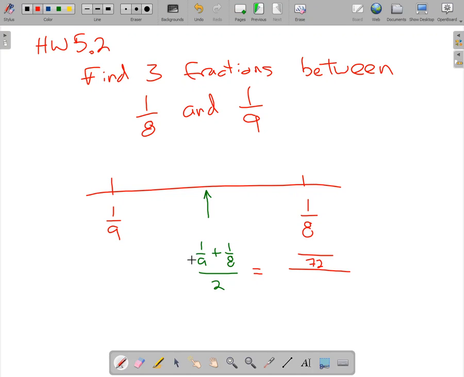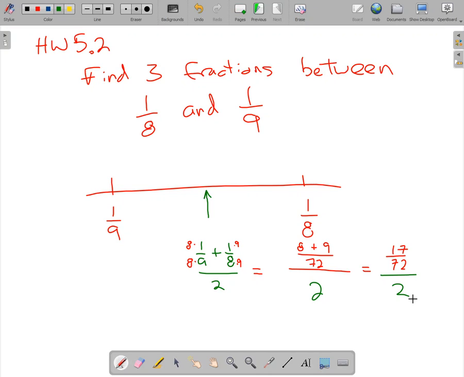To do that, I have to multiply 8 top and bottom here, and I have to multiply 9 top and bottom there. So that means I'm going to have 8 over 72 plus 9 over 72, which altogether gives me 17 over 72. All the while, that has to be cut in half eventually, so I'm dividing a fraction. Anybody recall the rule for dividing a fraction?